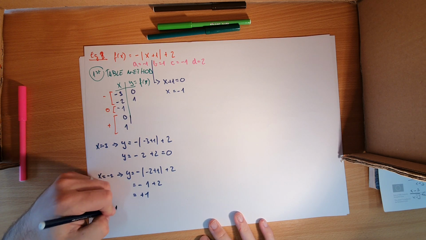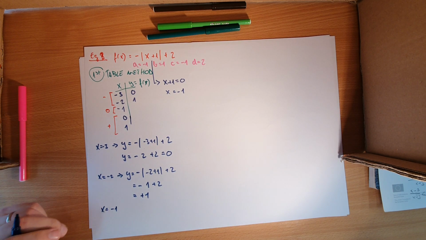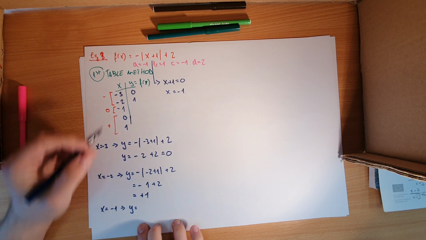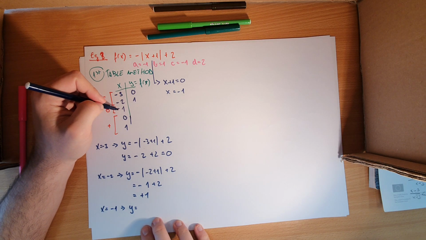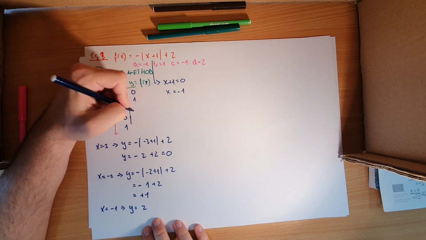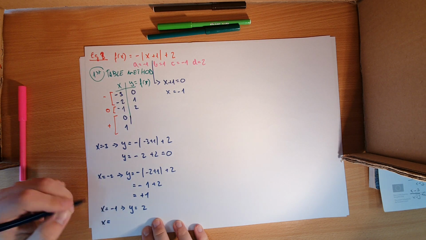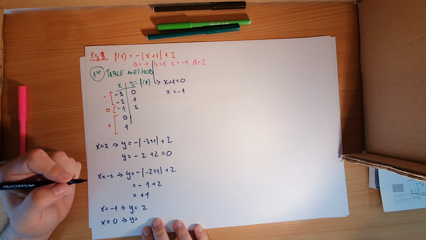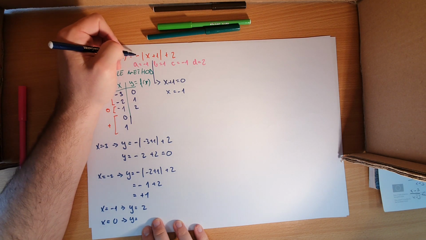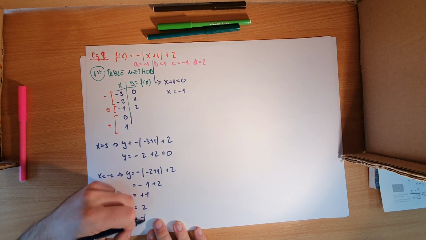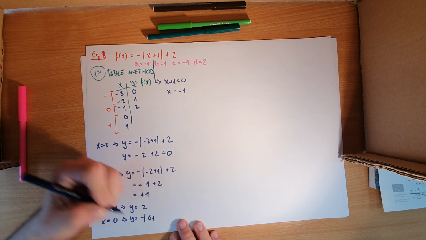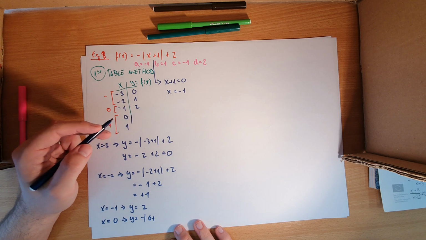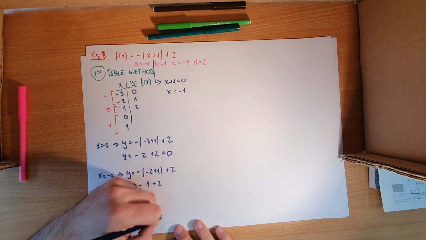X is equal to minus 1. This means that y equals 2. Minus 1 plus 1 is 0. It is 2. X equals 0. Then y is going to be minus the absolute value of 0 plus 1, plus 2.